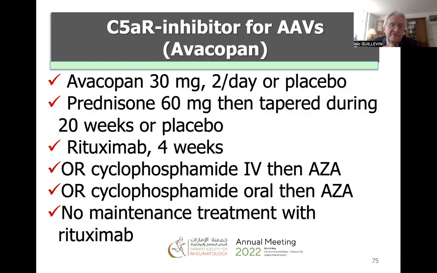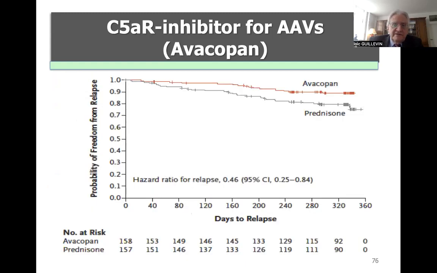And this group of patients, here is the design of the trial. They receive 30 milligrams twice a day or placebo, prednisone also, then a tapering scheme, of course, of prednisone. They receive rituximab initially, or cyclophosphamide IV, or cyclophosphamide oral, and there are no maintenance treatment. And which for me is a problem, but I will show you the results.